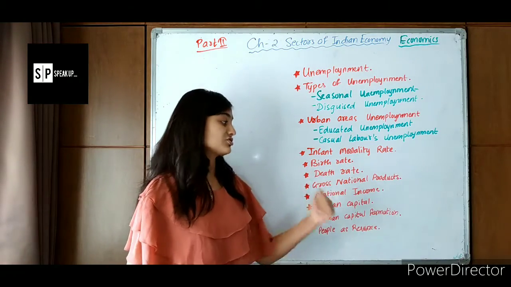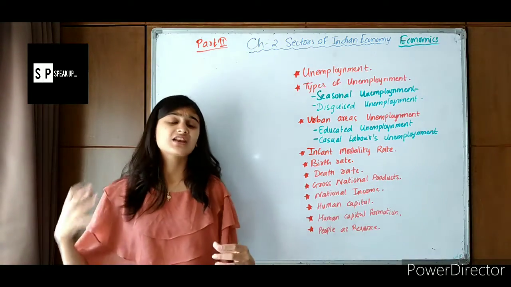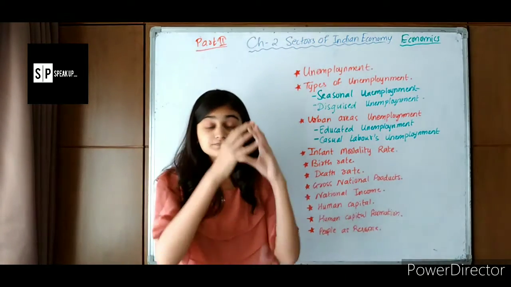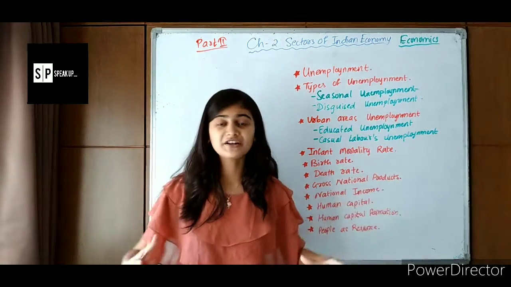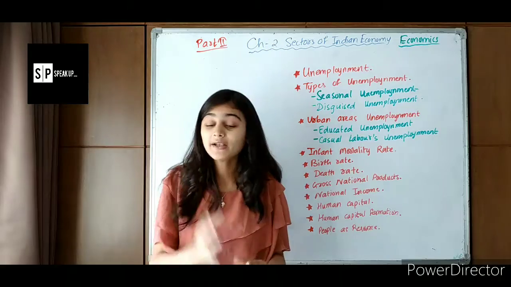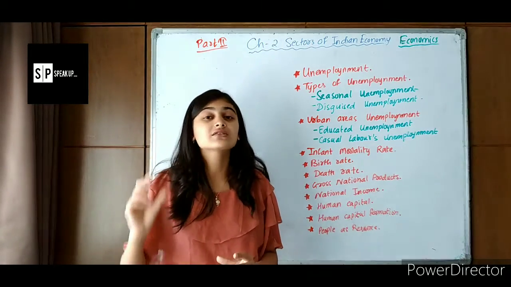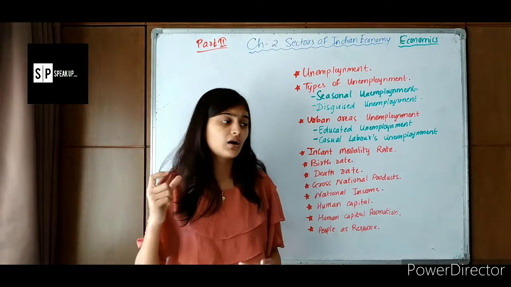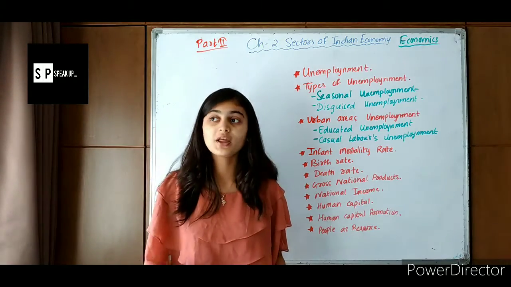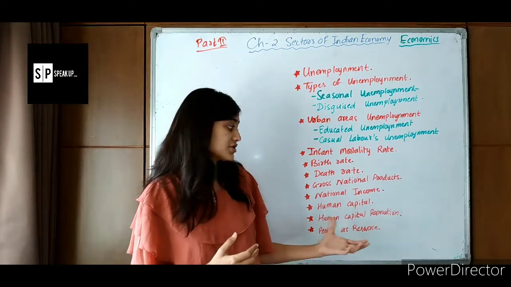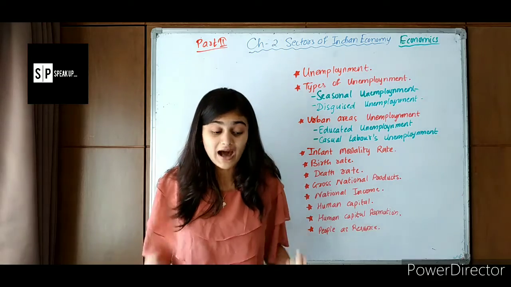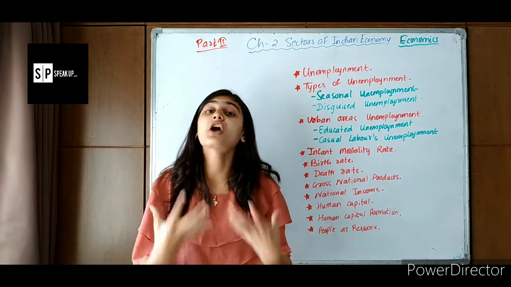Then comes gross national product. Now what is gross national product? Gross national product is the product of a whole country excluding import and export trade. That particular income is known as gross national product. Export and imports are not included, because gross national product is the estimation of the products that are formed from the country.